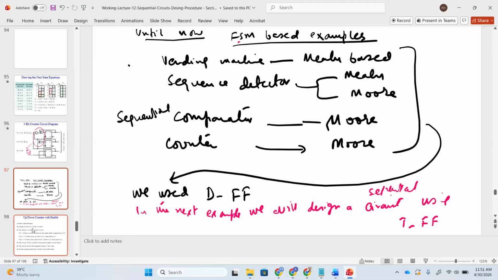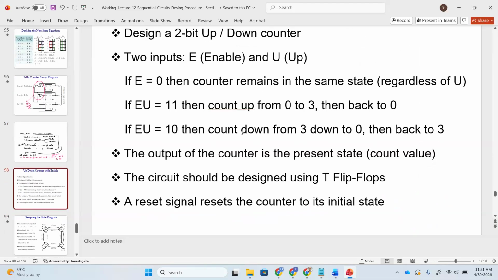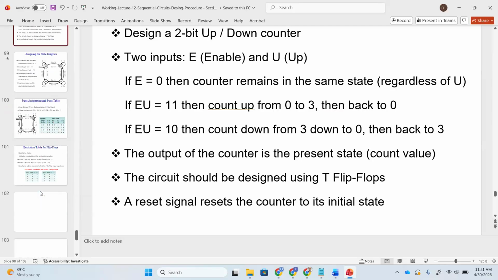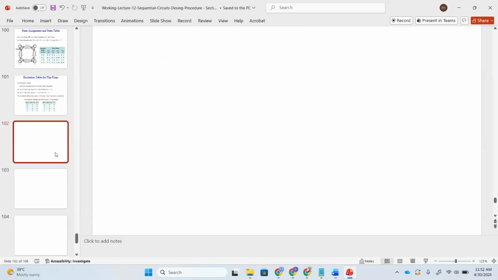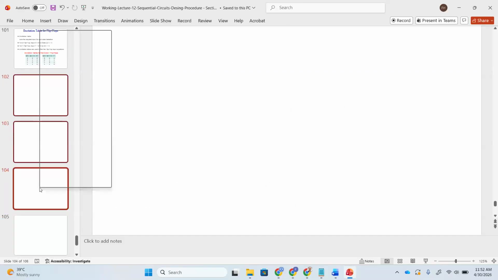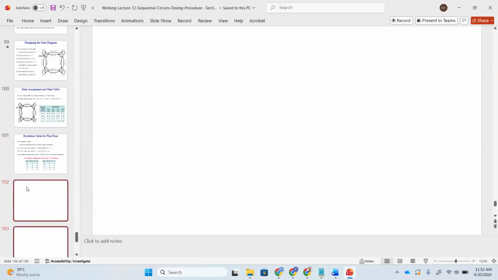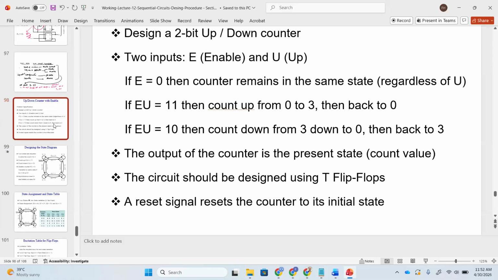So what is the problem specification? We are going to design a 2-bit up-down counter.